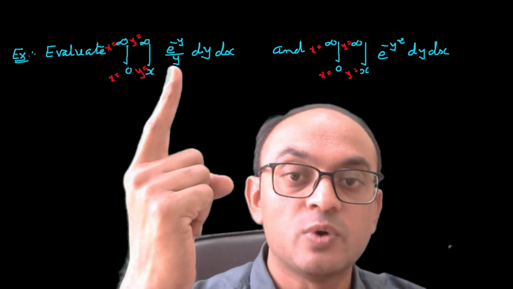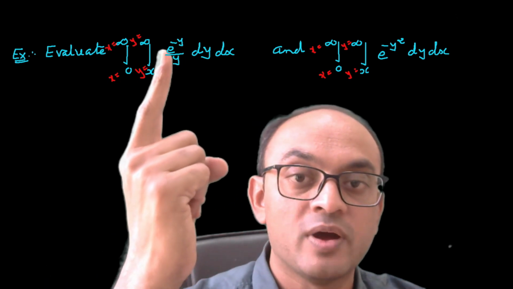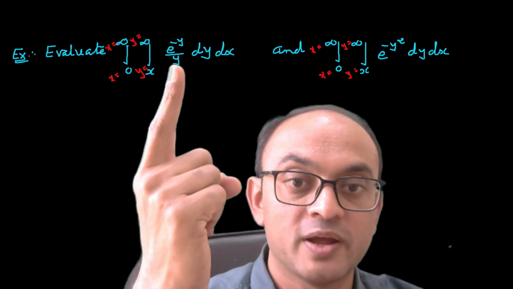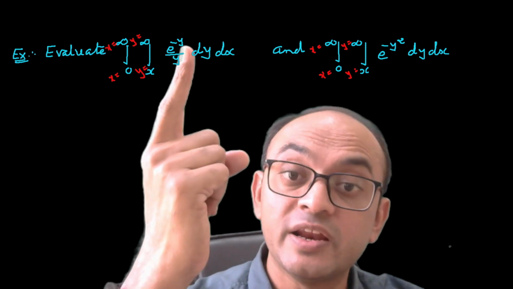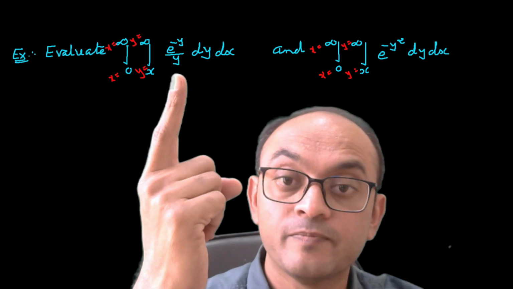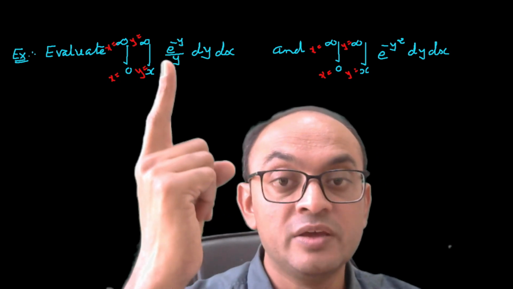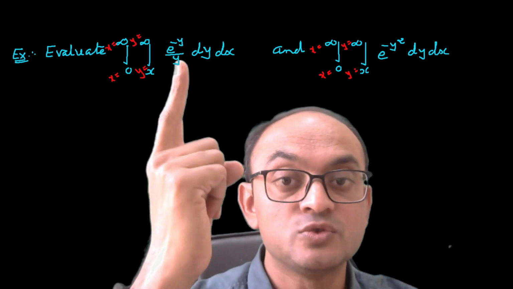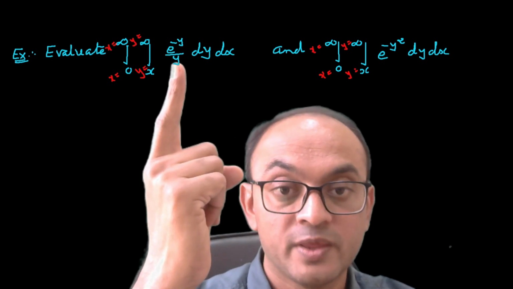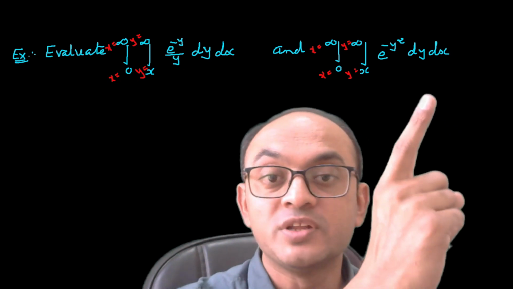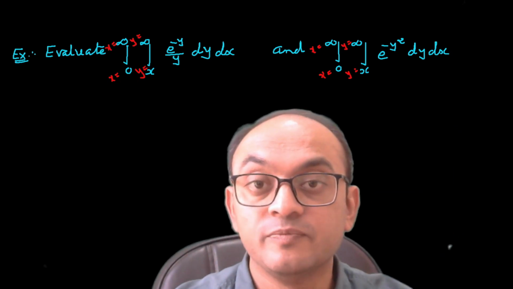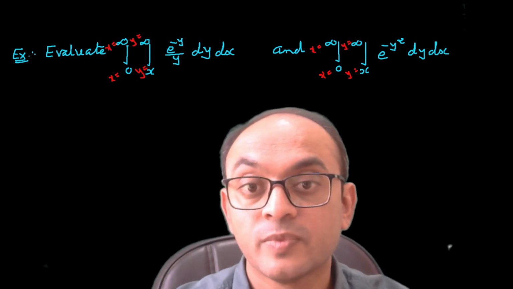In both the integrals, what happened? e raised to minus y upon y, first I have to integrate with respect to y. The question is, can we integrate this quantity with respect to y? We don't know any mathematical formula which gives me the integration of e raised to minus y upon y, right? Then what is the integration of e raised to minus y square? That also I don't know, right?